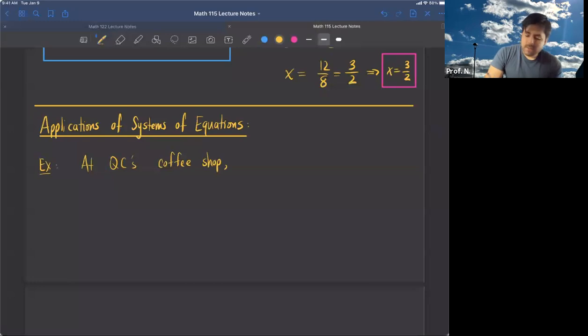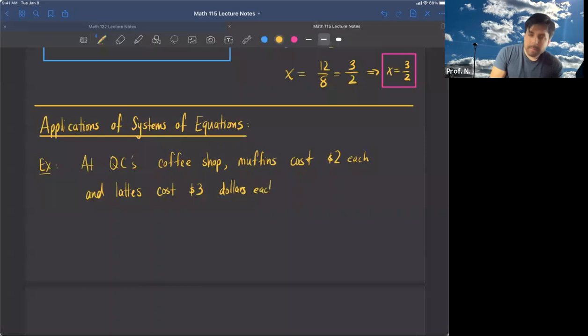So at QC's coffee shop, muffins cost $2 each, and lattes. People drink lattes still. Lattes cost $3 each. Okay, it's just a make believe place.